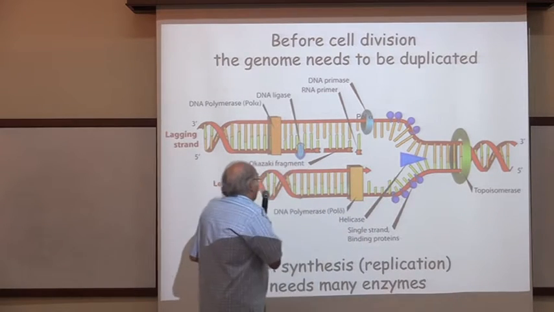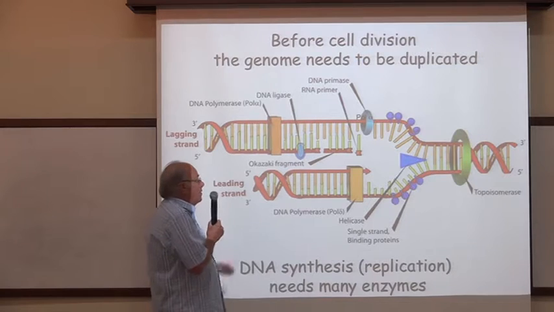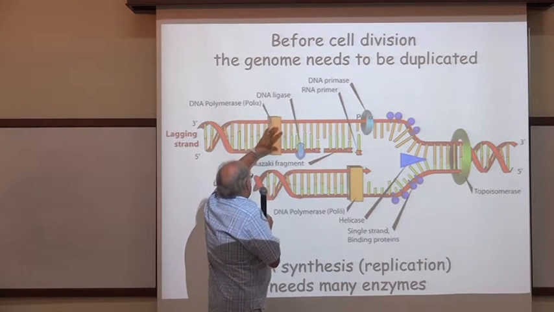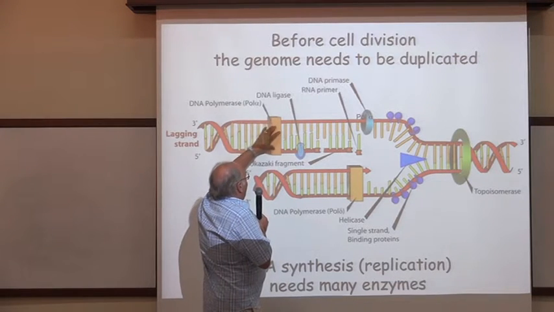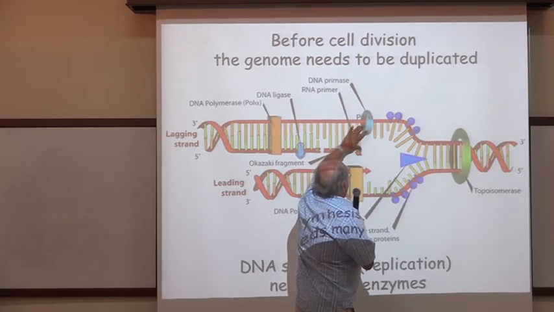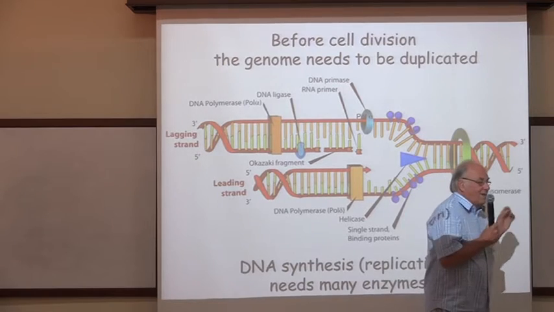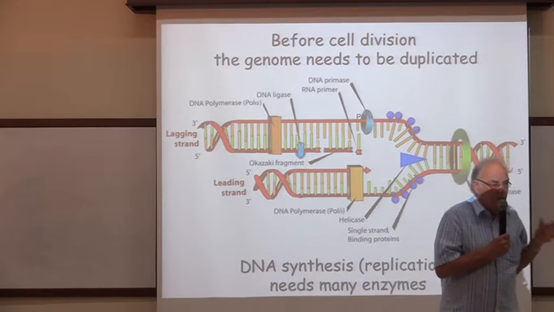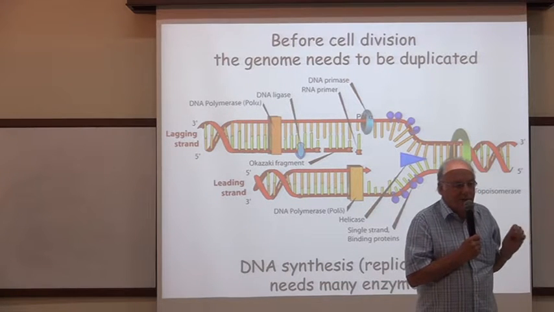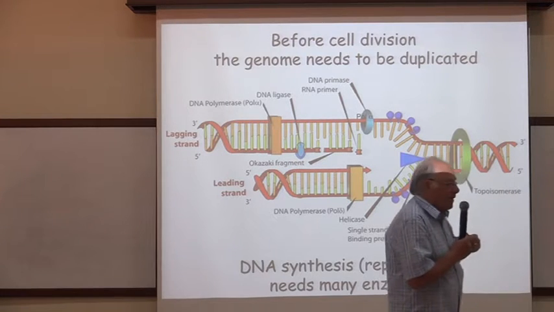But on the other side here, the lagging strand is not so easy because it's moving in the opposite direction. So it makes a new DNA strand from part, but then it has to start again and make another part, and it has to start over and over again. So this will become then a whole set of fragments of DNA, and these are called the Okazaki fragments, which will be then ligated, connected to each other.